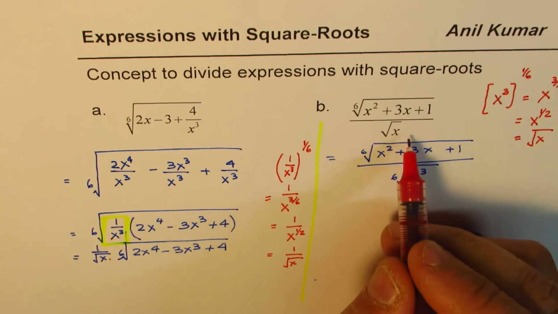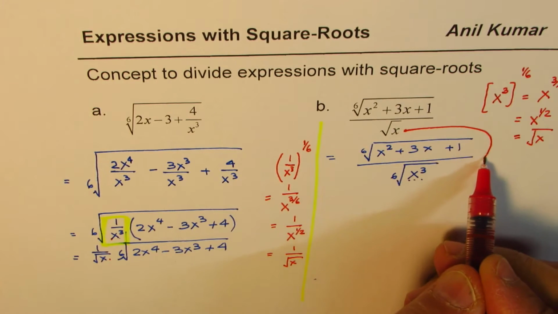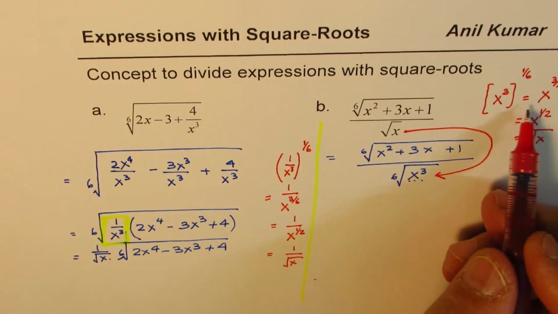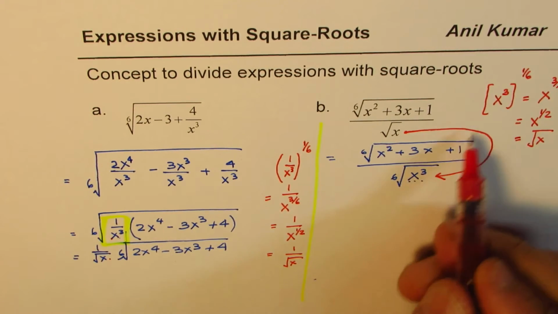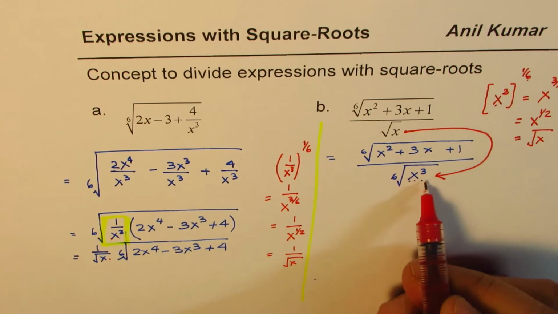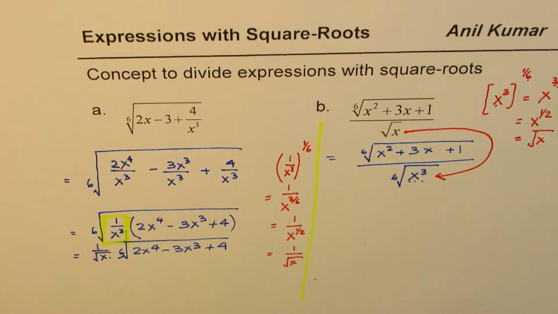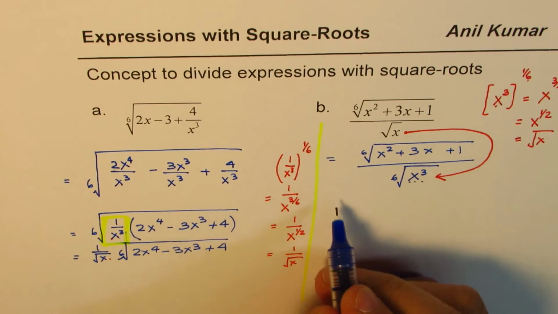Is it okay? So square root of x has been replaced by the sixth root of x cubed. That is a very, very critical step to understand. So go through this, pause the video, digest this part and then move forward.